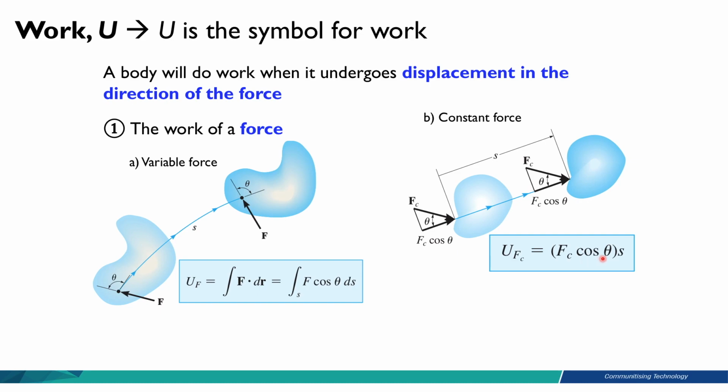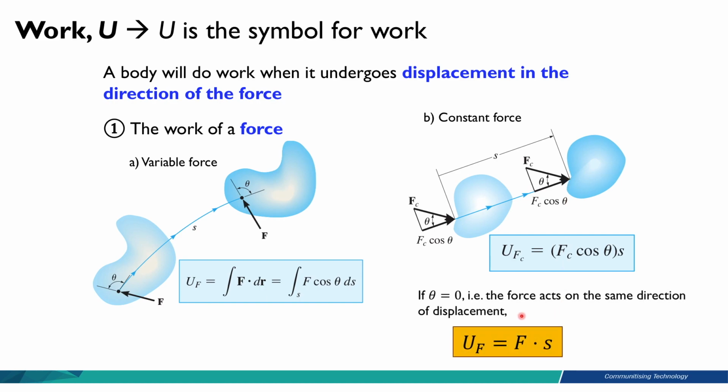Therefore, F cos theta times the displacement S, how far the rigid body has traveled. And if theta is equal to 0, which means that the force is acting on the same line, in the same direction as the displacement, then UF is equal to F times S.